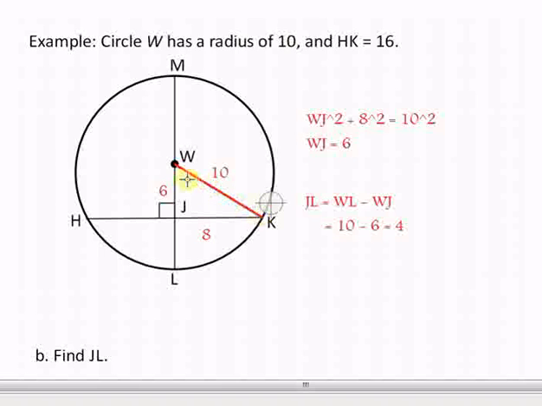I drew that in because they told me the radius is 10, and when I do that I have a nice right triangle. If I know that the radius is 10 and this side is 8, I used the Pythagorean theorem to find the length of the side WJ, which was 6. And since WL is also a radius, its length is 10, I can subtract this 6, which leaves me with JL, which happens to be 4.